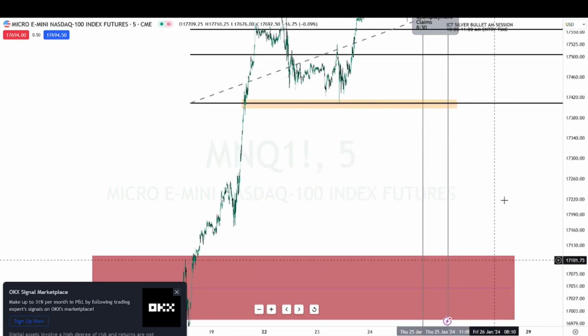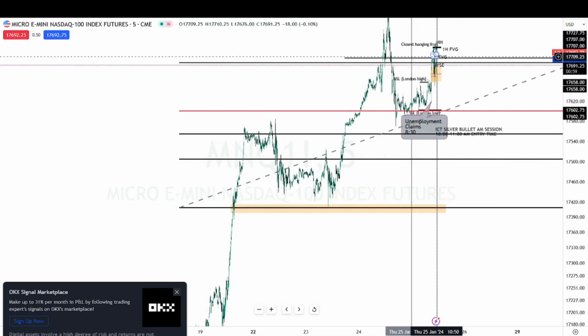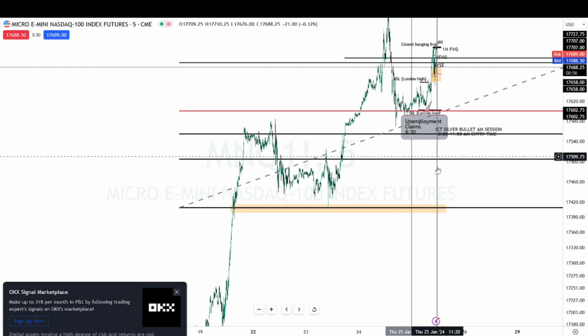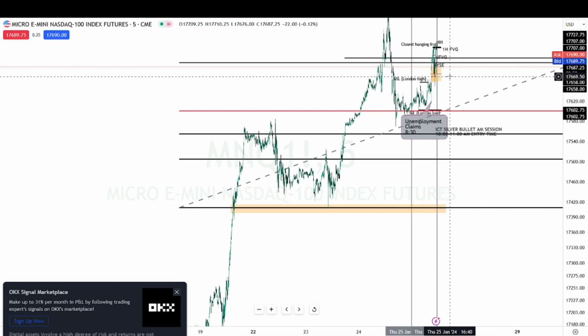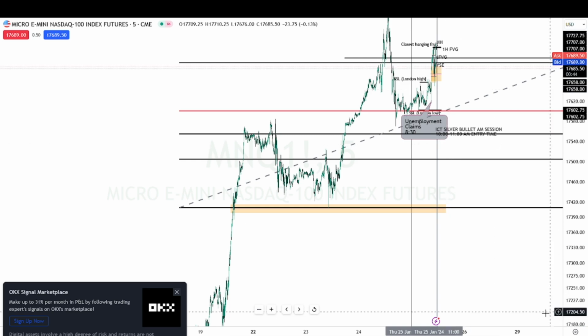I'm not sure about coming back down there, but in this zone, you would be looking for your entries right here. Maybe to go sell, only if everything else aligns.